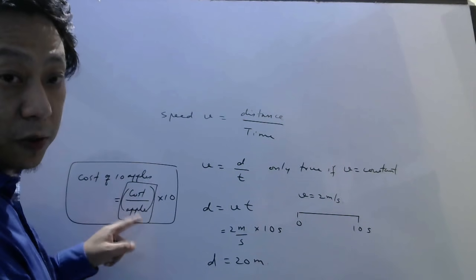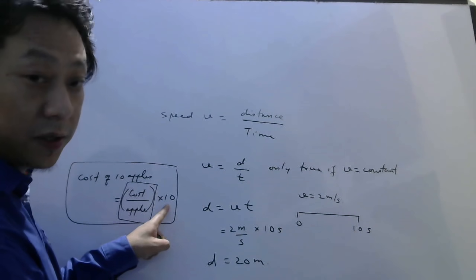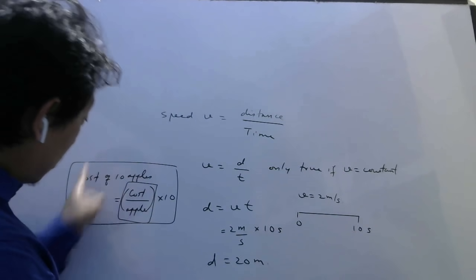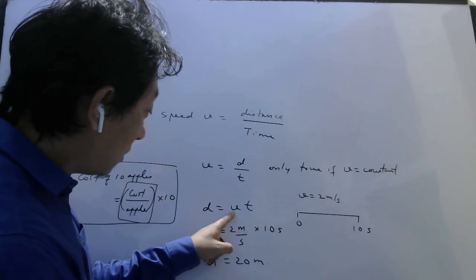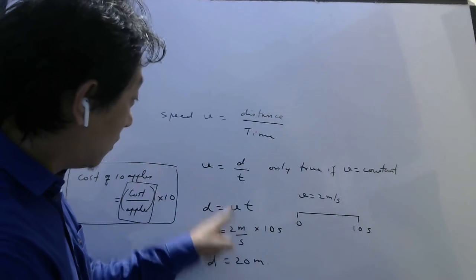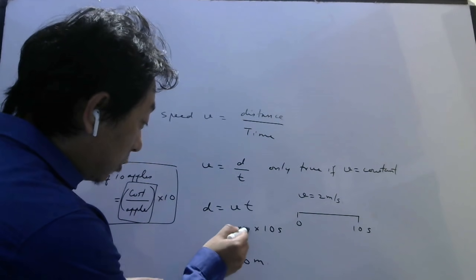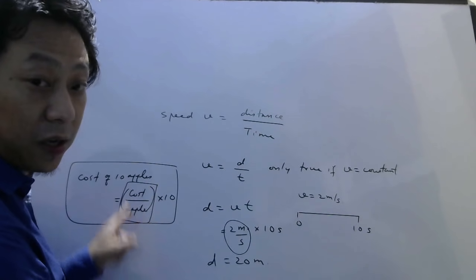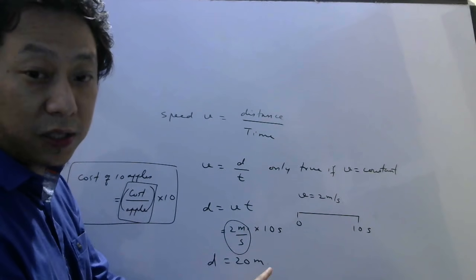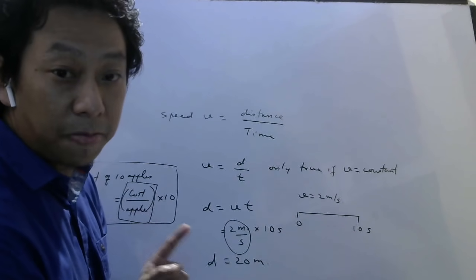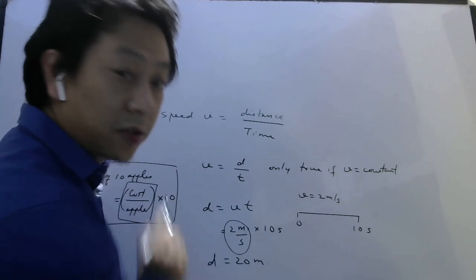Cost per apple should be same for all the 10 apples. Then you can use this formula to write cost of 10 apples. Similarly, this v is distance by time. So this should be constant, like as I told here. Then you can multiply with time to find the total distance covered in 10 seconds. This is only if the speed is constant.